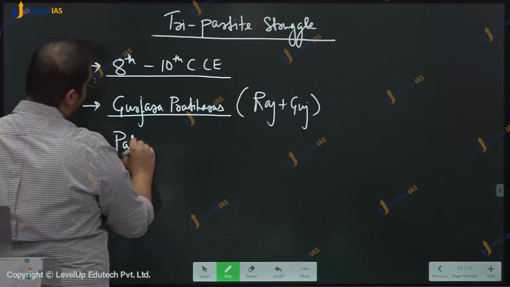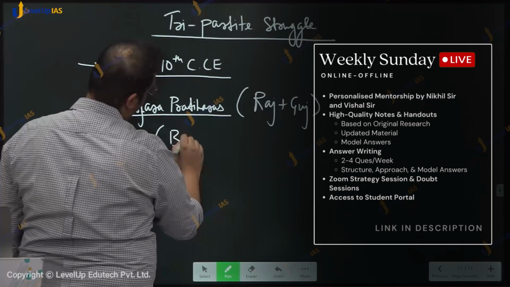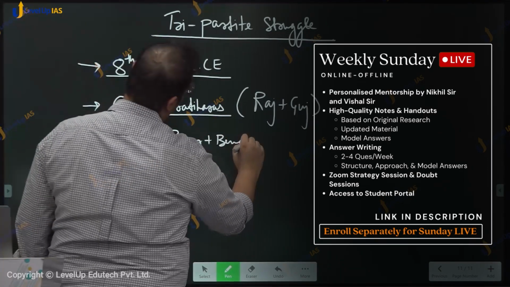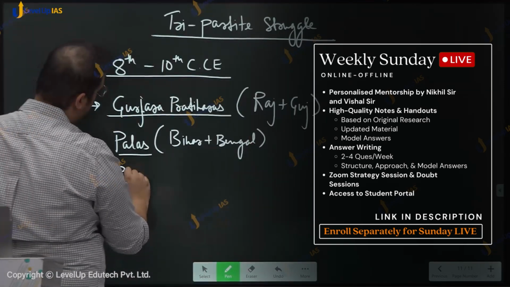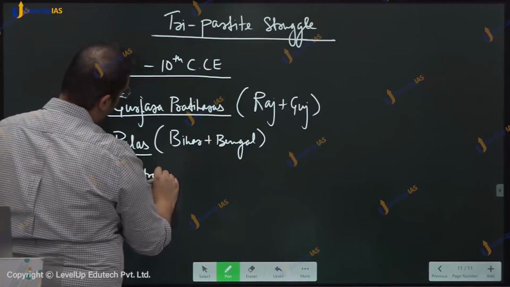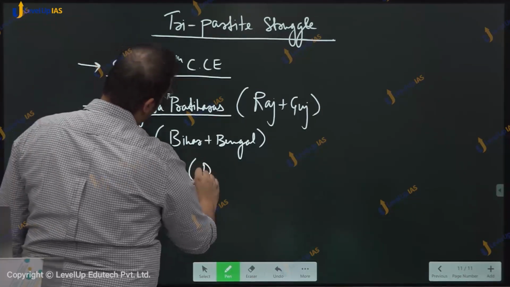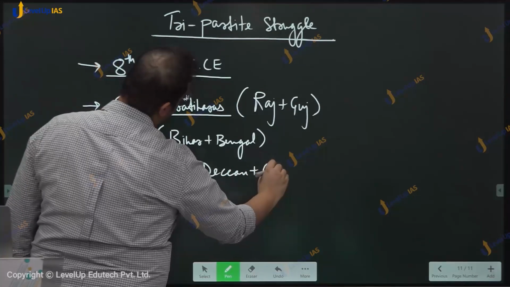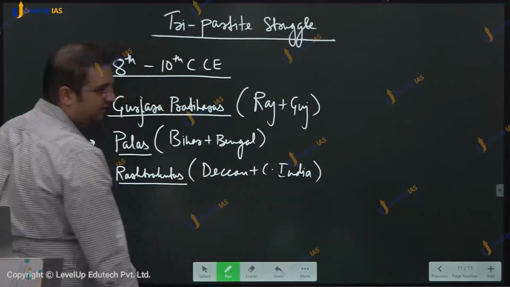The Palas of eastern India, that is Bihar and Bengal, and the Rashtrakutas of the Deccan region and parts of central India was their core region.